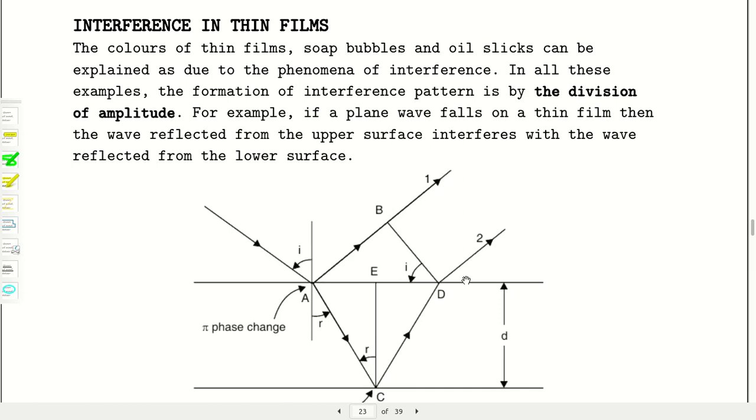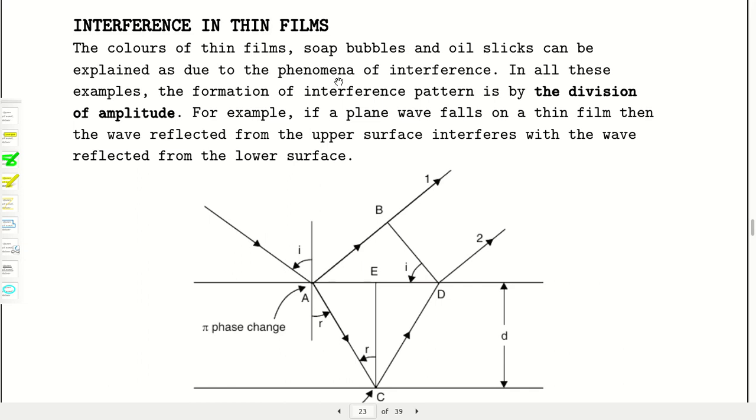The first topic is the interference in thin films. Here I have taken a parallel thin film. That means soap bubbles can be thought of, or an oil film. Those are the examples of thin films. I will show you in the last section of my class what is the physical use of the thin film.